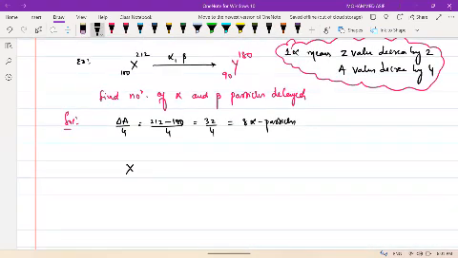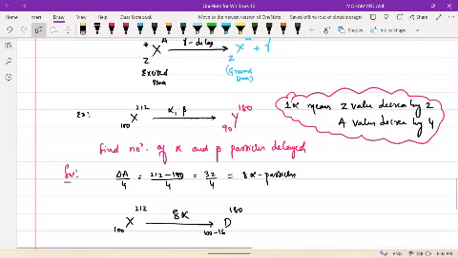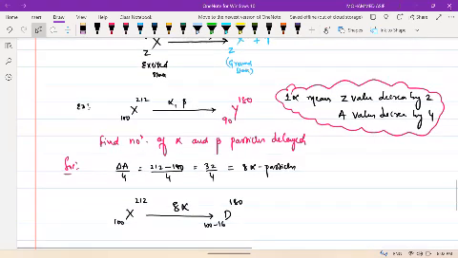That means X element with 100 and 212, if it is undergoing 8 alpha decay, it is getting some element, say for example D, whose mass number decreases to 180. And the atomic number decreases by how much? 1 alpha particle means the atomic number decreases by 2.